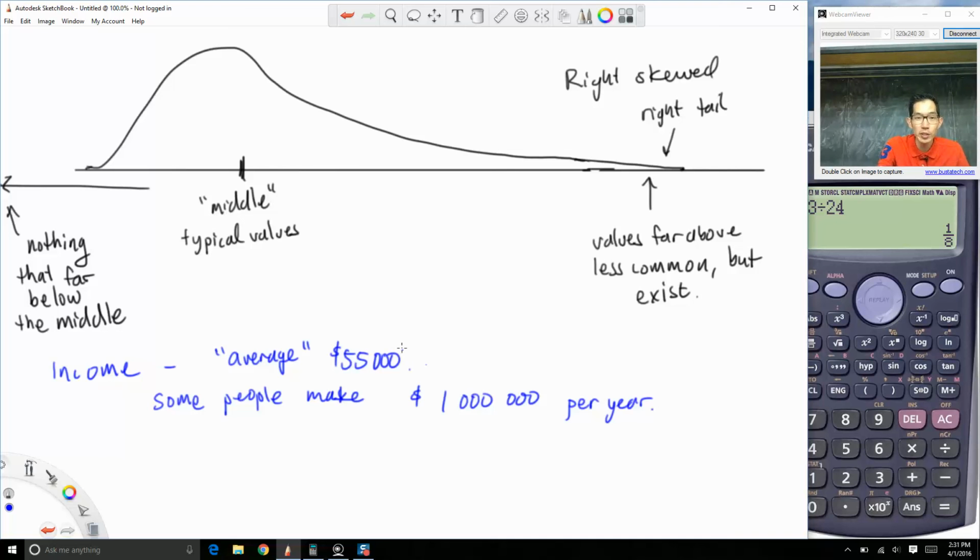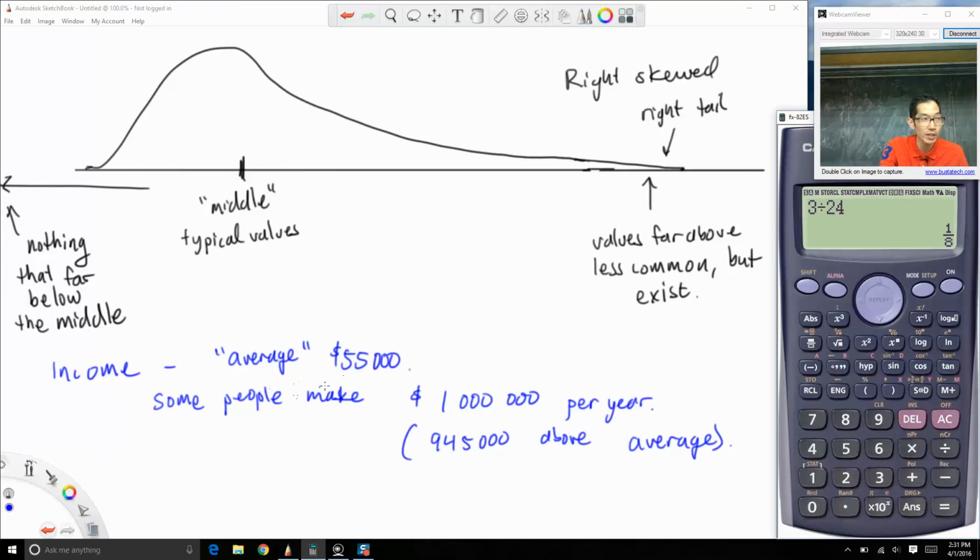Okay, so $1 million would be 945,000 above average. Okay, so if you think of what's 945,000 less than average, that's something like negative $890,000. Okay, so can anyone make negative $890,000 for their annual wage? No, it's not legal to make someone go in debt for working.